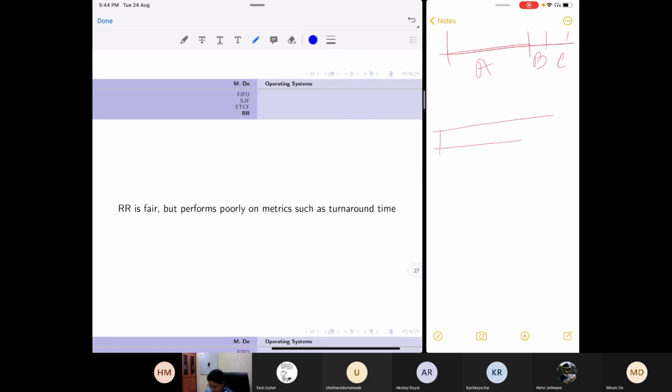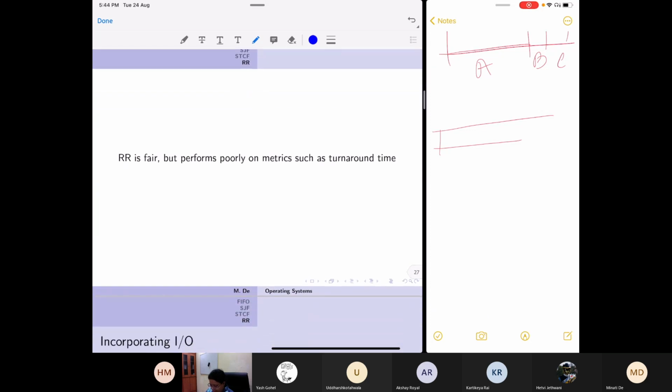In other words, round robin is good. It's a fair algorithm, right? It gives all of the jobs a fair amount of time slice. So in that respect, it's fair. And of course, with respect to response time, its performance is also good. But with respect to turnaround time, it performs very poorly. So if you see all these algorithms, so far we have seen 3 policies, right?